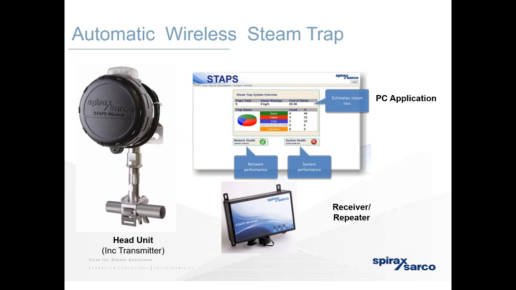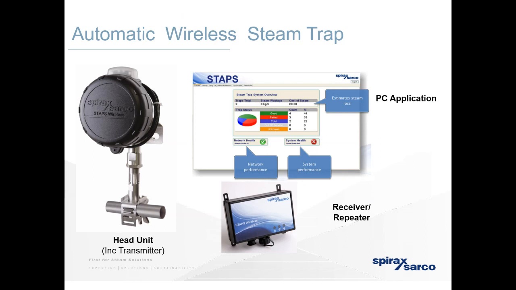I did a calculation for a customer in Ethiopia last week. We worked out that from the steam traps that had failed, they were losing around $56,000 a year just from leaking steam traps. So that's why we need to make sure everything is in good working order, that we see the traps failing almost as soon as they do, so that we can repair them and keep costs as low as possible.